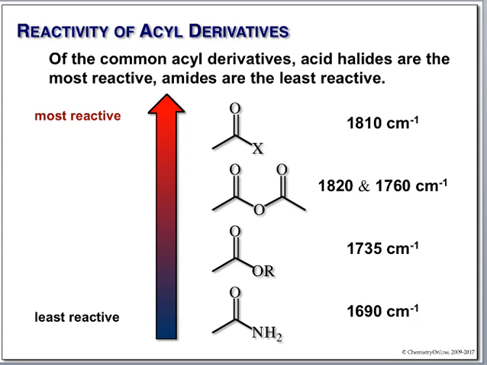Down here we have an amide. The amide is the least reactive of all of the acyl compounds. It has the lowest stretching frequency. Up here, acid halides at about 1810 are the most reactive acyl compounds, and they have the highest. So simply by looking at the carbonyl stretch, you can get an idea of how reactive the particular carbonyl is.